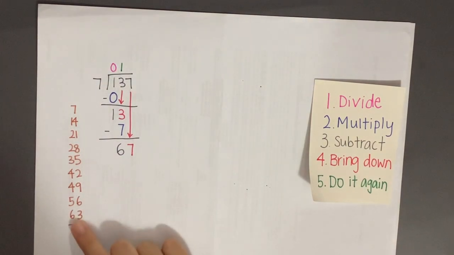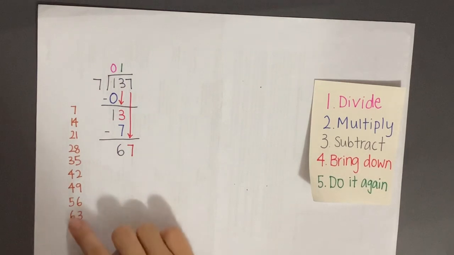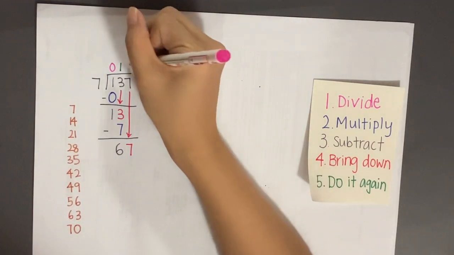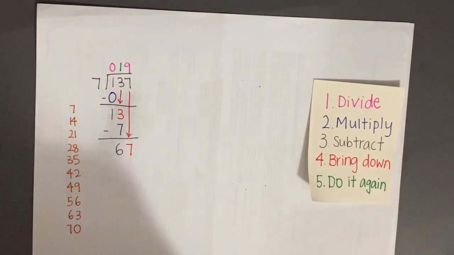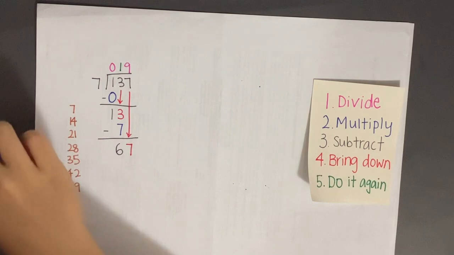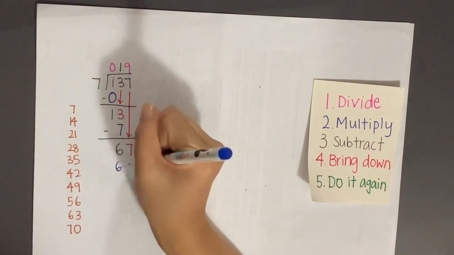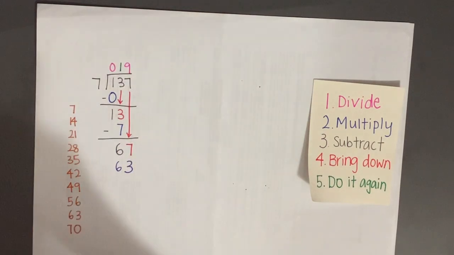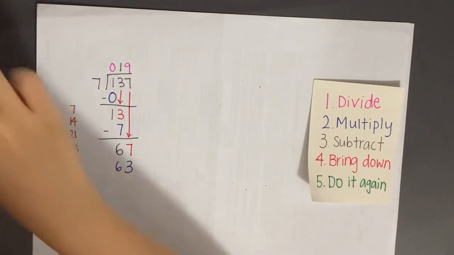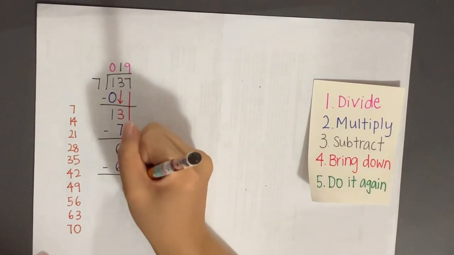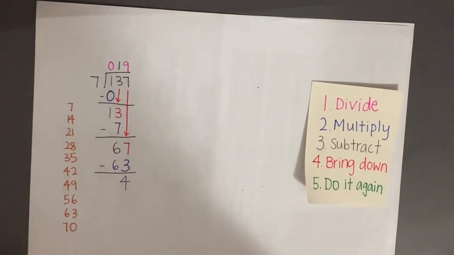So it's 63. What is 63 divided by 7? 9. So 7 times 9 is 63. Next I need to subtract it, which gives me 4.